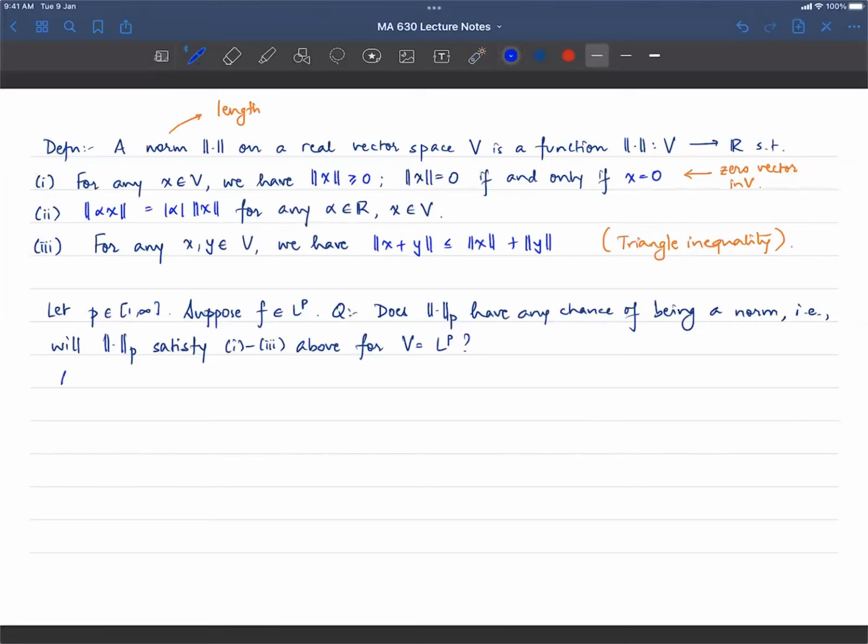So here's the answer. Some subtleties with 1. The longer answer is, as it stands, it will not satisfy 1. However, there is a little bit of fancy footwork you can do, and then you can ensure that 1 is satisfied. I don't want to write all that down, so I'm just going to say some subtleties with 1. Let's see what these subtleties are.